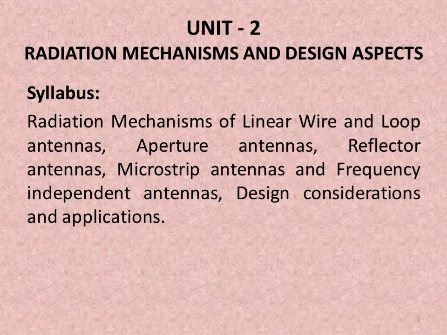Now this is the syllabus for the final year students, where in the radiation mechanism and design aspects they have these topics, that is radiation mechanism of linear wire antenna and loop antennas, and then aperture antennas, reflector antennas, microstrip antennas, and frequency independent antennas, and their design considerations and applications. So this is about the syllabus of the second unit, right?